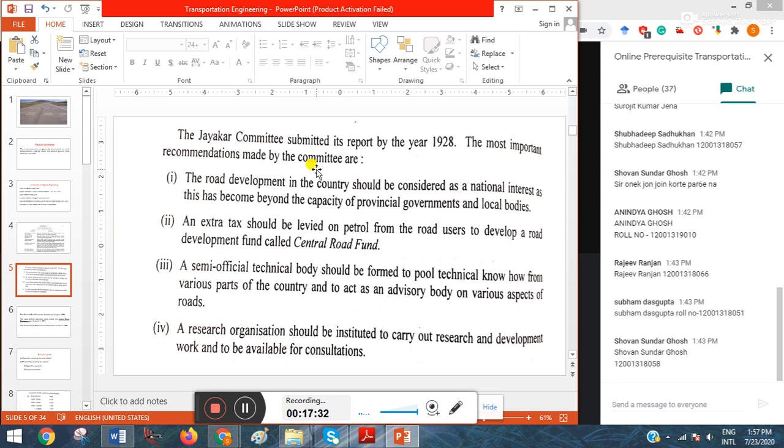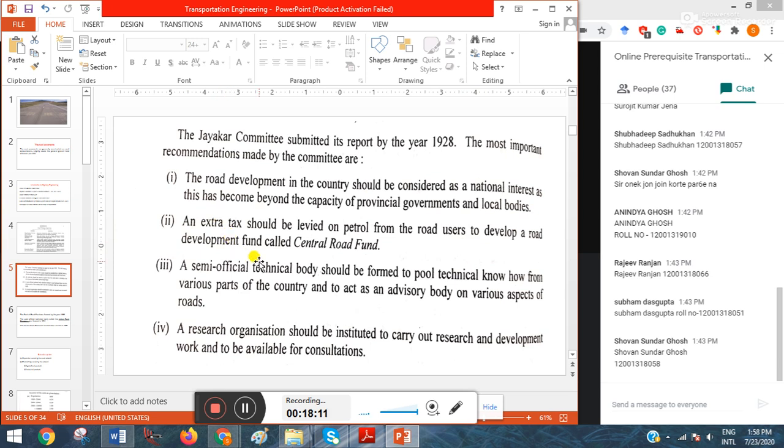Road development in the country should be considered as a national interest, as this has become beyond the capacity of provincial governments, that is state governments, and local bodies like municipalities and panchayats. The road is part of the national asset.